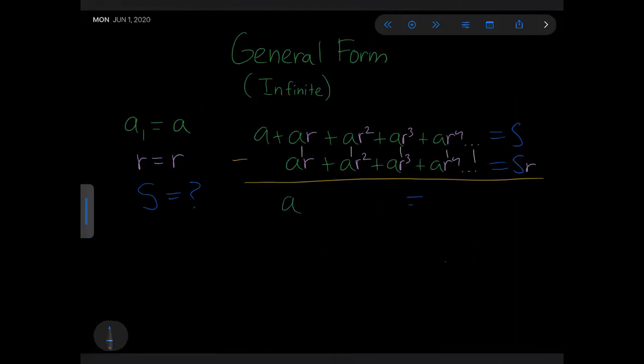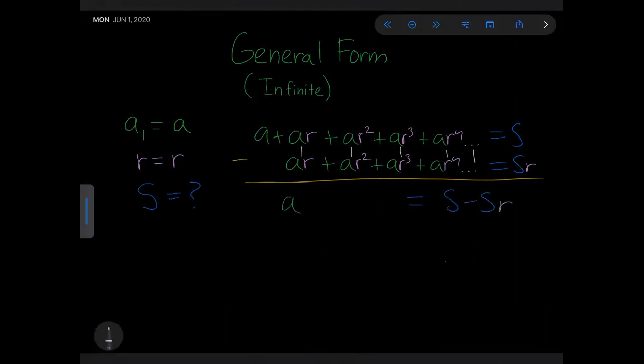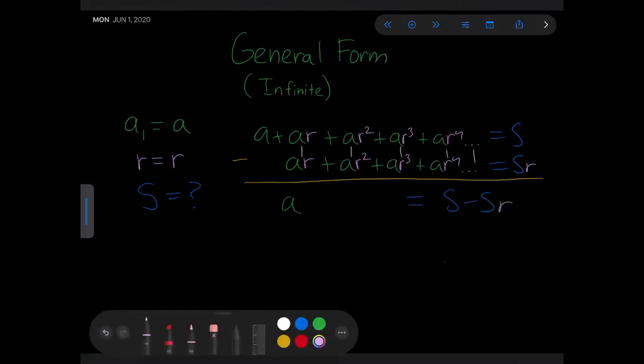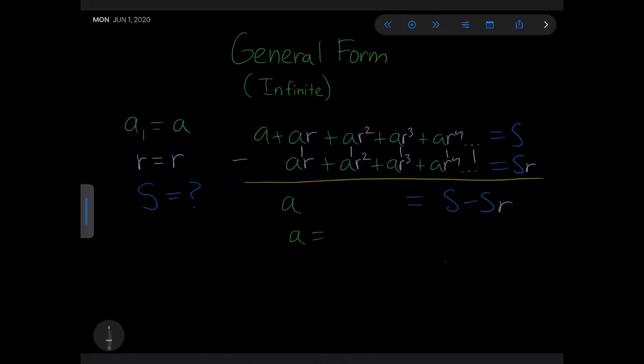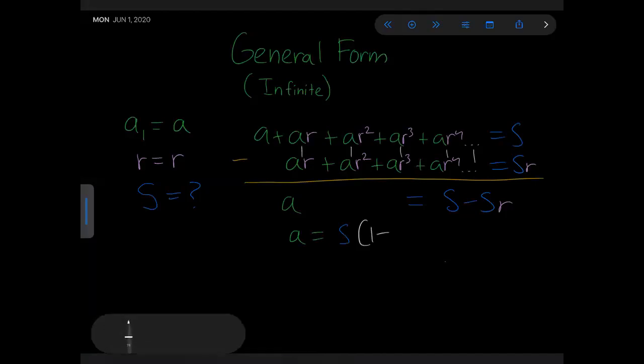A is equal to s minus sr. Now we're trying to solve for s, so let's isolate it. A is equal to s, we can factor out s from the right-hand side. We get 1 minus r.